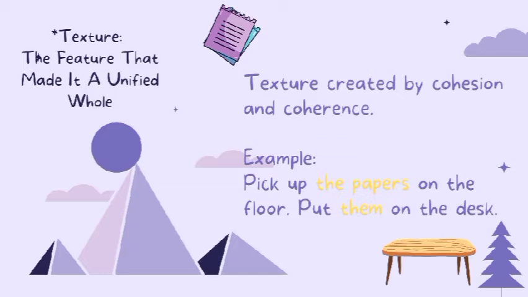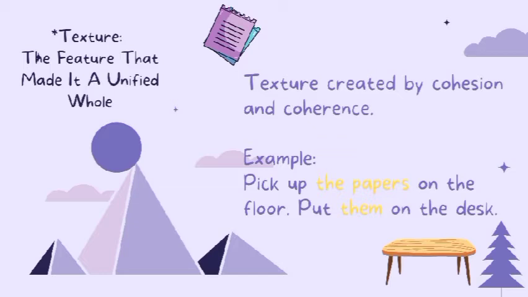Texture is a feature of text which makes it a unified whole. For example, pick up the papers on the floor, put them on a desk. Here, "them" refers back to "the papers" to create cohesion between the two sentences.